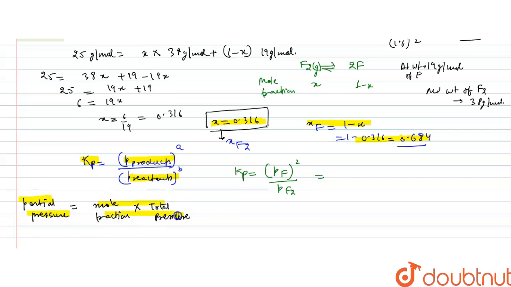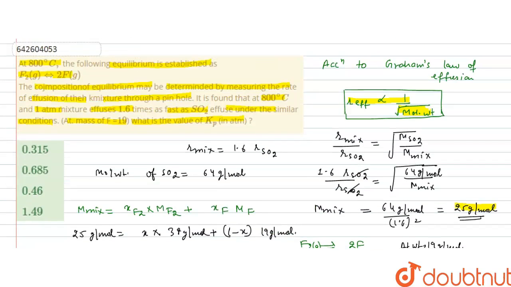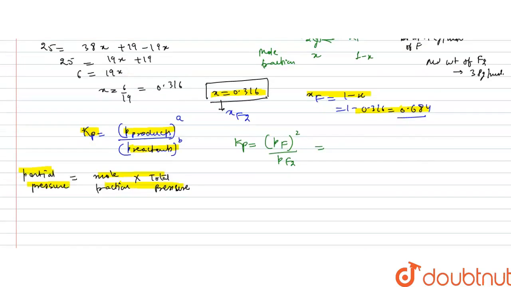Now we have calculated the mole fractions for the fluorine molecule and the fluorine atom. If we multiply these by the total pressure, we get the partial pressures of both, and the total pressure at equilibrium is given as 1 atmosphere. So if the total pressure is 1 atmosphere, the partial pressure will be equal to the mole fraction.